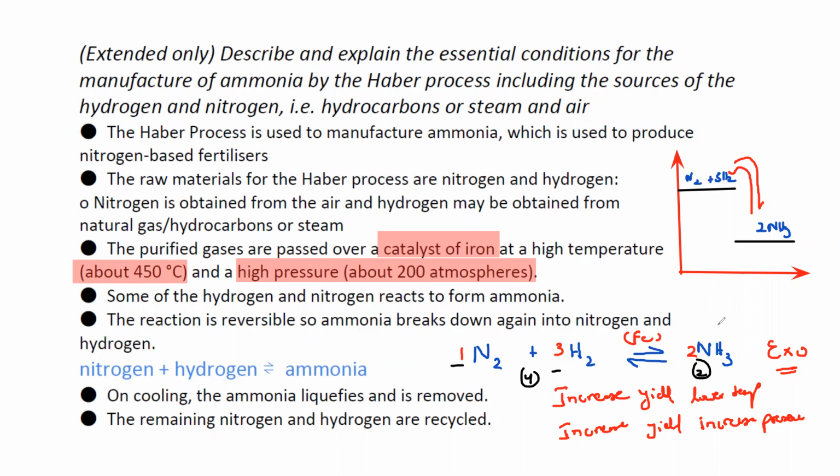So as a result, when ammonia is formed, we liquefy it so that the equilibrium always shifts towards the right hand side. This is how we manufacture or prepare ammonia gas by reacting nitrogen with hydrogen using the Haber process.